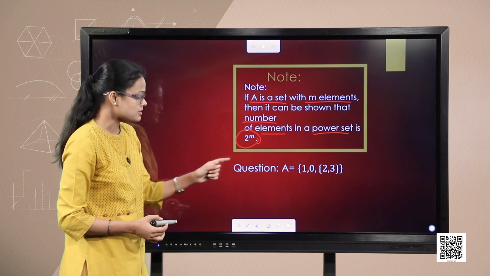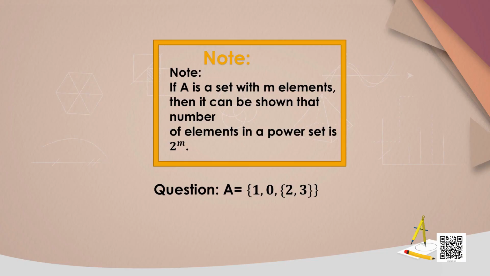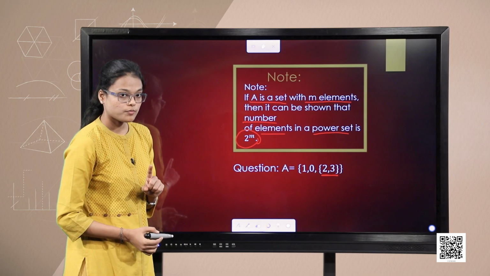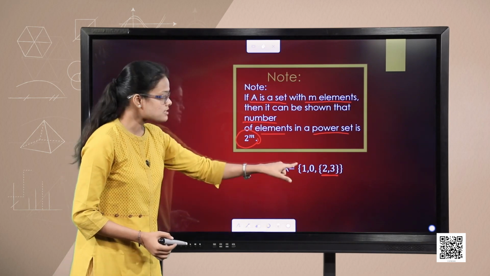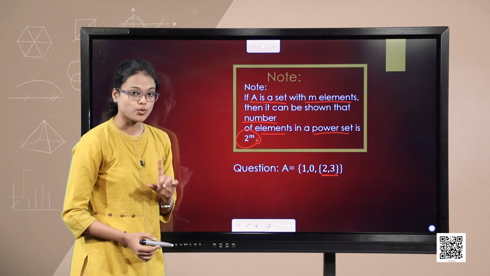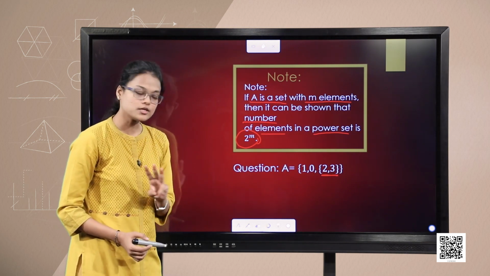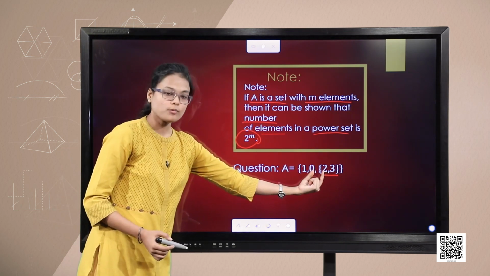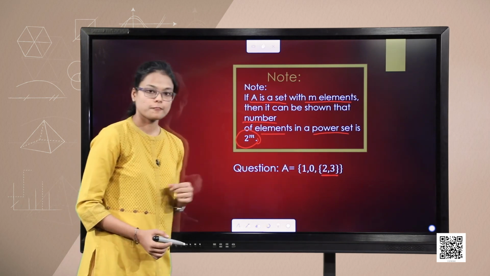So, let us take this question. A is a set consisting of how many elements? 3 elements. Students, notice this set is representing a single element. Do not consider it as 1, 0, 2 and 3. It is consisting of 3 elements: 1, 0, an element in a set form, which is 2 and 3.